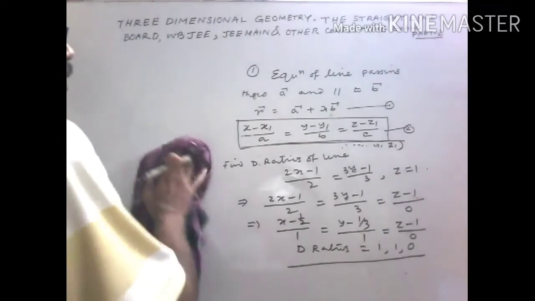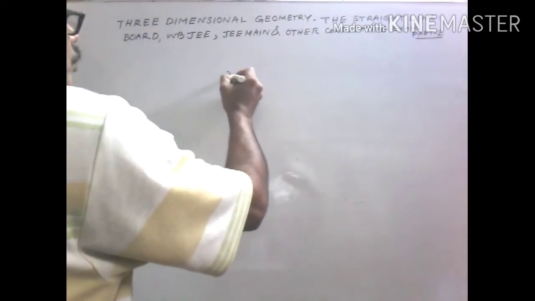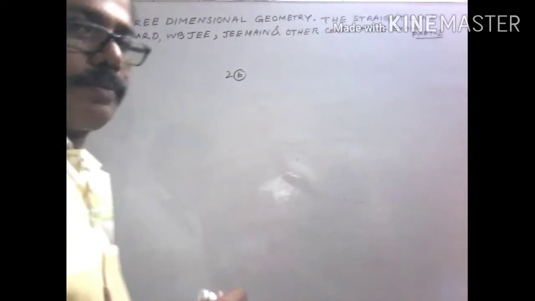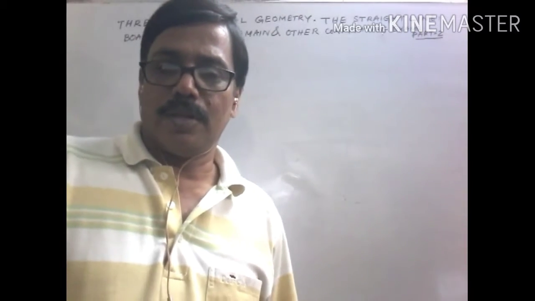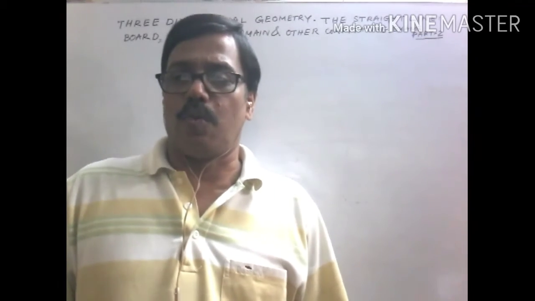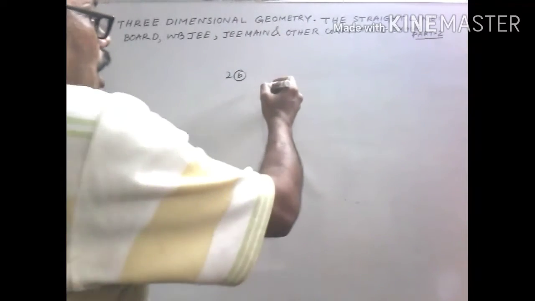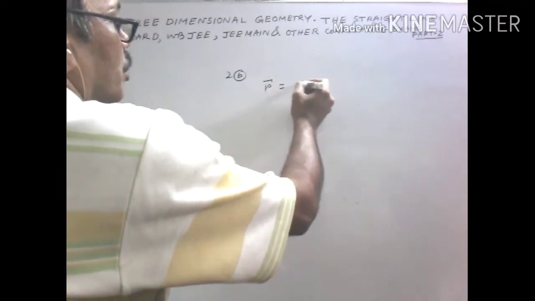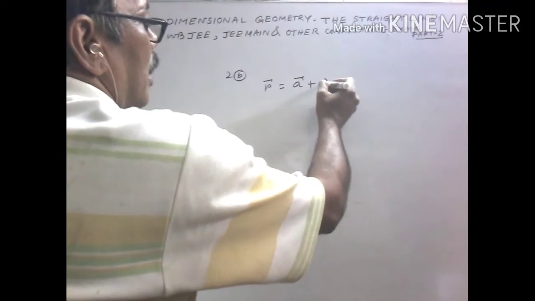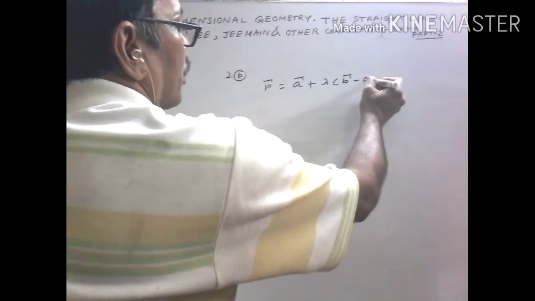Now second form. Now equation of line passing through 2 points. r vector equals a plus lambda into (b minus a).